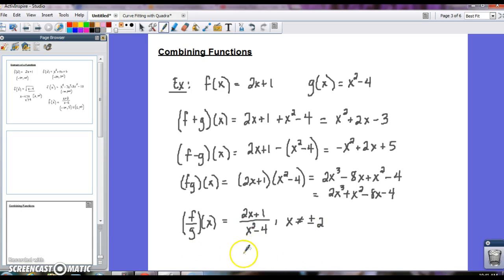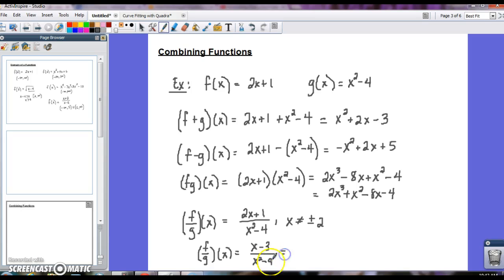If in fact you had a situation where you could reduce this, you would have to exclude the values from the domain before you do the reducing. What I mean by that is this: if you had f over g of x, and that gave you x minus 3 over x squared minus 9.